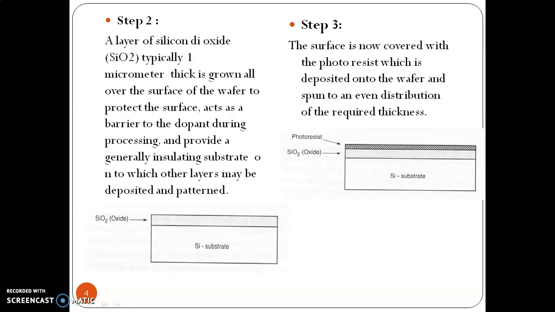Then, where the transistor is to be grown, that area is clearly formed by the next step. To have an even distribution of the silicon dioxide, a photoresist material is put up throughout the surface of the silicon dioxide on the wafer.